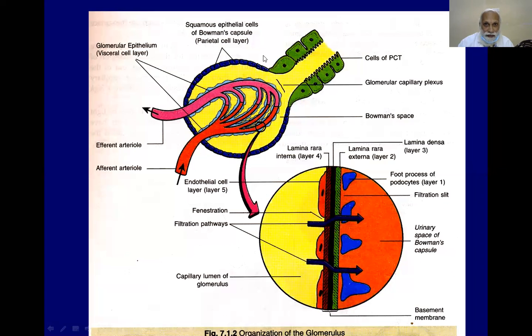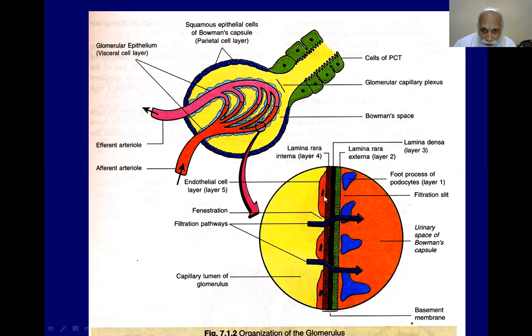Squamous epithelial cells are here, and in this portion, epithelium is there in the visceral cell layer. You can see this blue portion, the epithelium from the visceral layer. The whole thing is called the glomerulus. Now this is the space in the Bowman's capsule where the filtrate is coming from the capillaries into the Bowman's space.